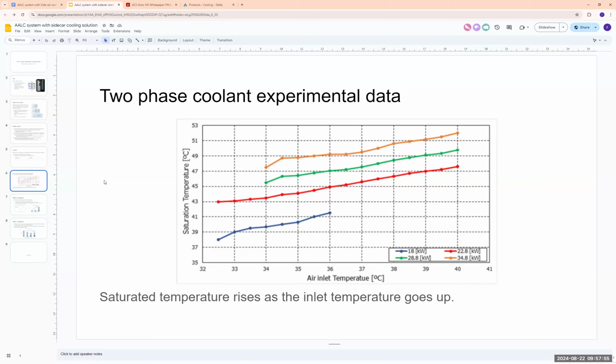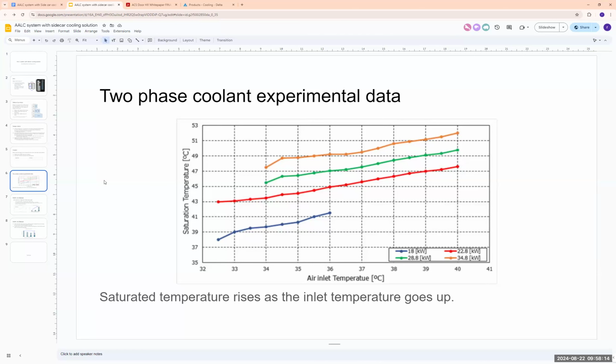It's just a matter of agreeing on whether it's microchannel, or what type of heat exchanger, etc., on those two sides, from WeWin versus the two phase with SusaCore.